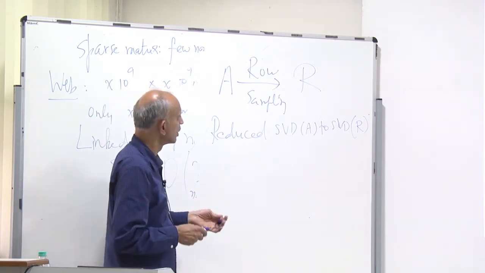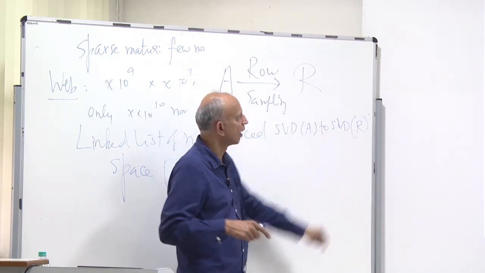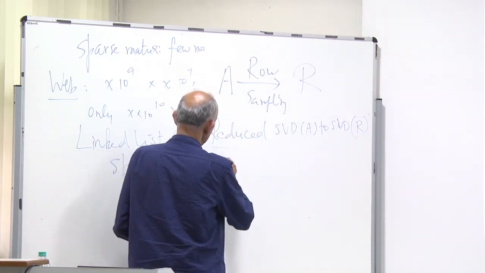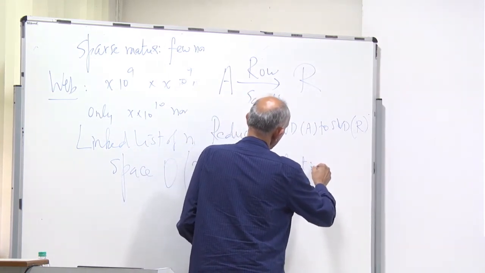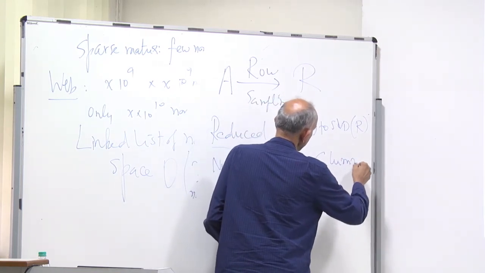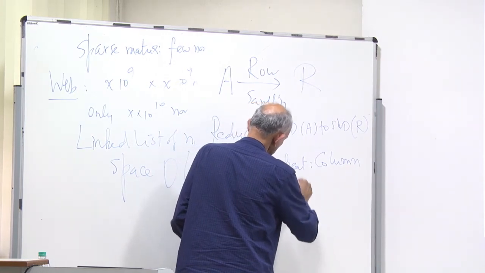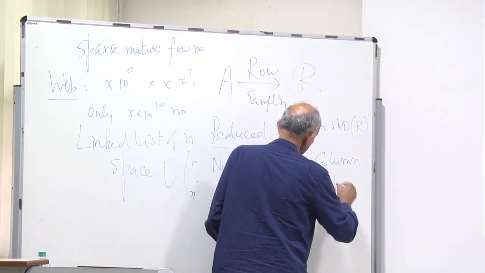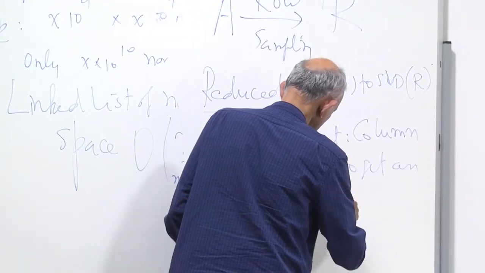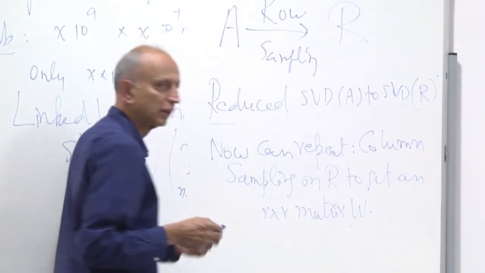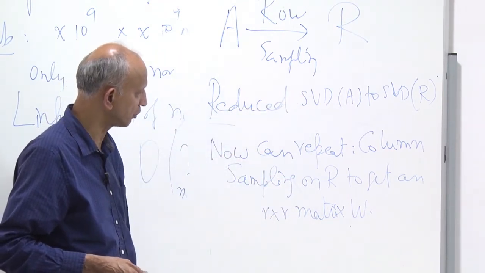So you can ask now, I can take R, do column sampling on R, and reduce it to a really small matrix. Now I can repeat, that is, I do column sampling on R to get an r by r matrix W. And intuitively, I should be able to reduce SVD of R to finding SVD of W.